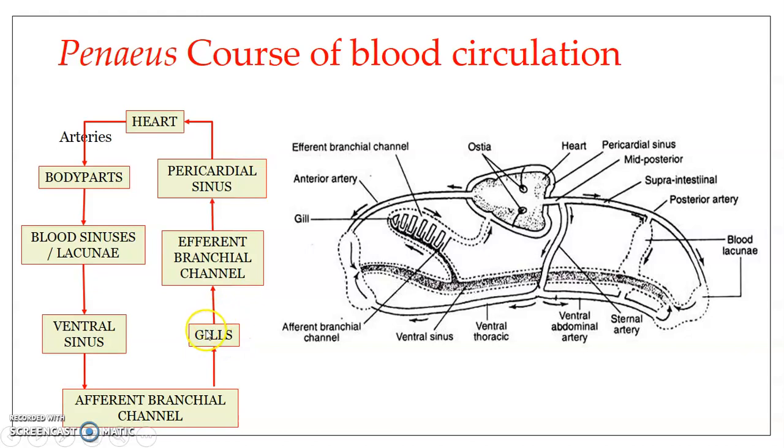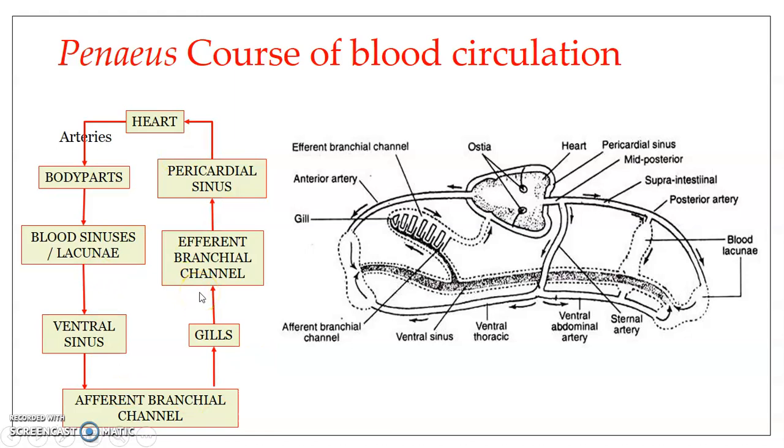In the gills, oxygenation takes place, so the blood gets oxygenated. The oxygenated blood is taken through the efferent branchial channel into the pericardial sinus, from where the blood passes into the heart through the ostia. So the whole course of blood circulation, this is how it is.